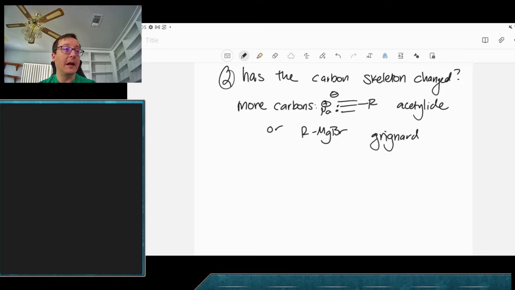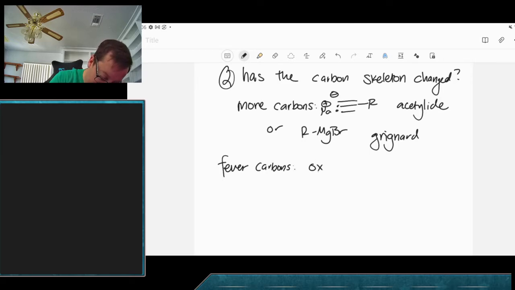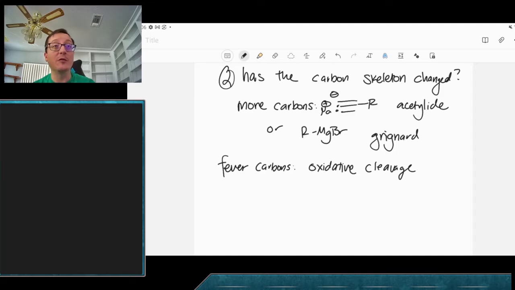So if we're adding carbons, the only way to do that is to use an acetylide or a Grignard reagent. If we have fewer carbons, that's oxidative cleavage.